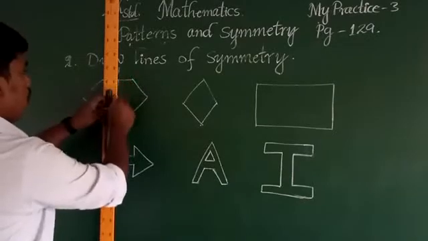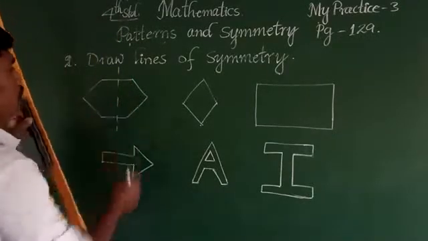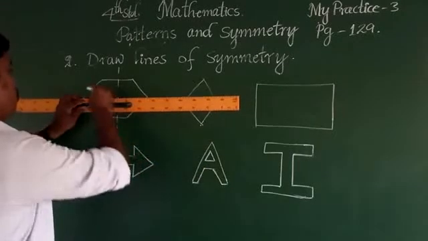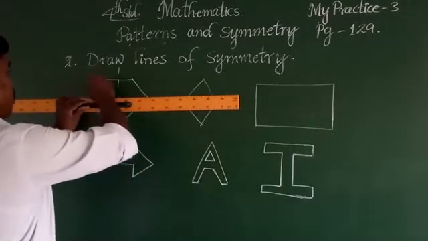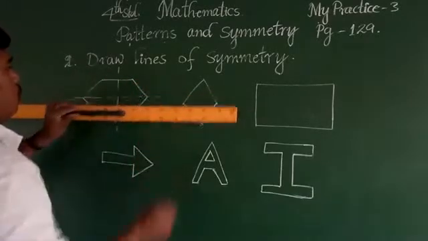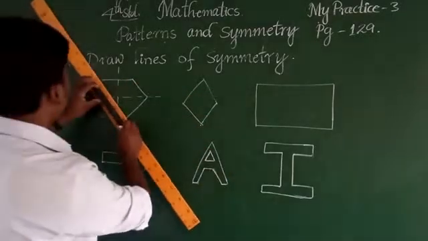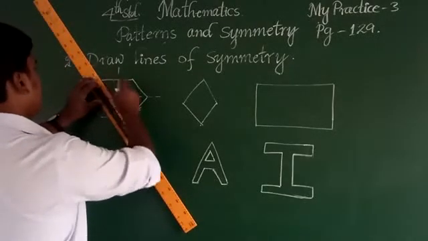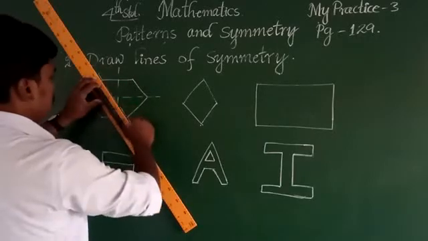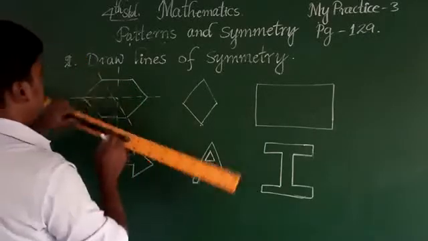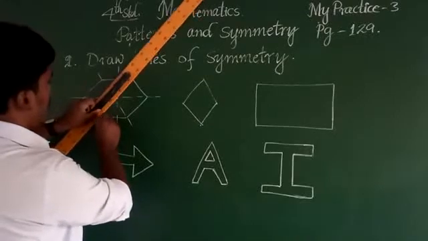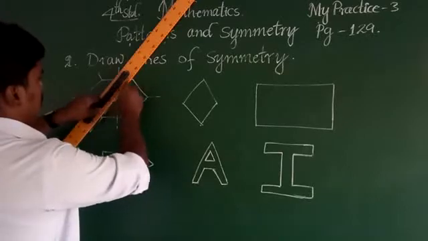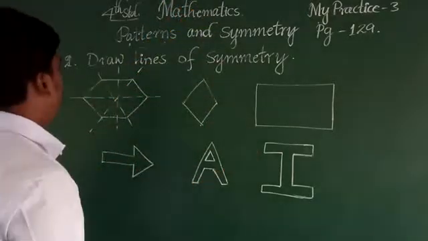So 1, two equal halves. 2, 3, here 4. That's it.